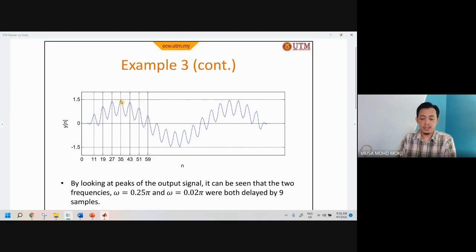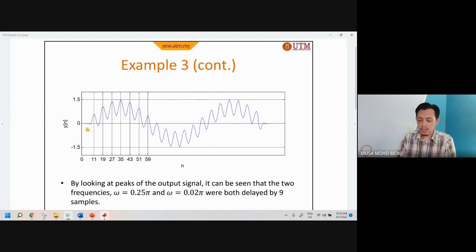Because it's being delayed by 9 samples, instead of having the first peak at n equals 2, it is now at n equals 11. The same thing here: we have it at 35, because this is a 9-sample delay of the original at n equals 26. So 26 plus 9 is 35.